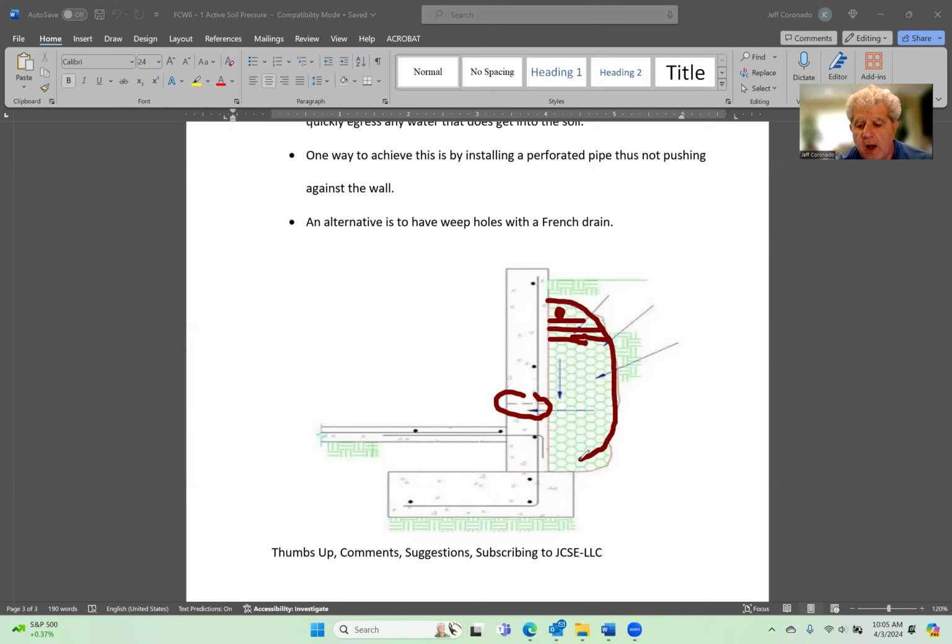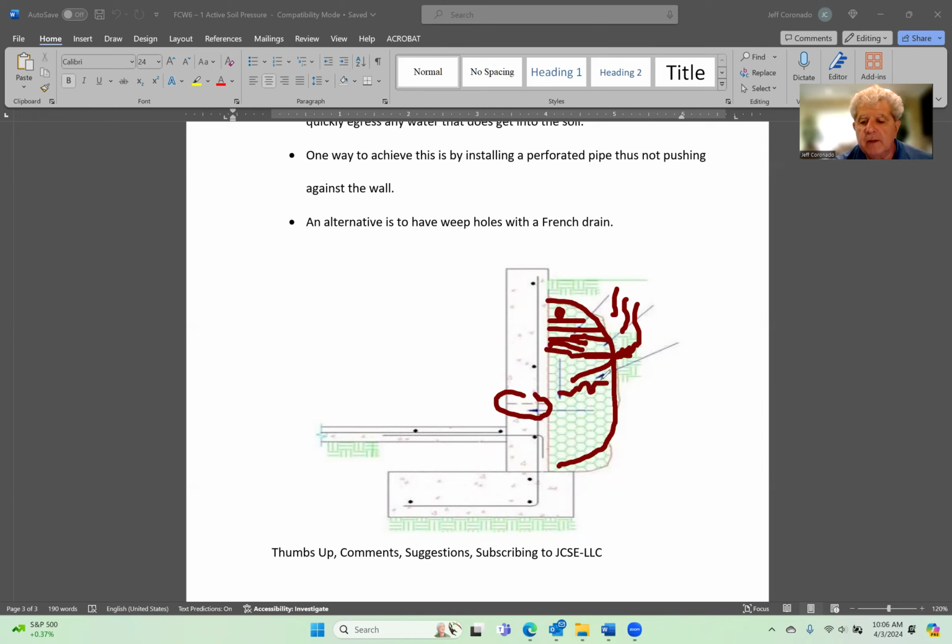So that way the water is trapped in the voids here. But if it starts to want to migrate and put pressure against the wall, it'll get into this layer of rock. And in the rock, it doesn't get trapped. Then the water freely flows.